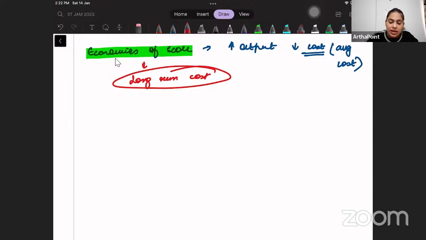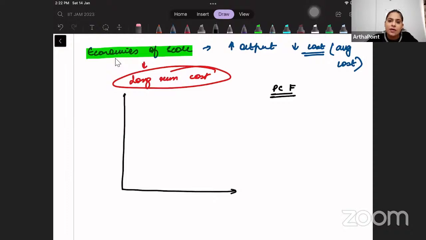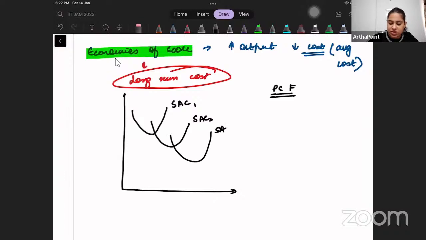Now, let's talk about a perfectly competitive firm. We know that these are our short run average cost functions: SAC1, SAC2, SAC3, SAC4, SAC5, and so on.